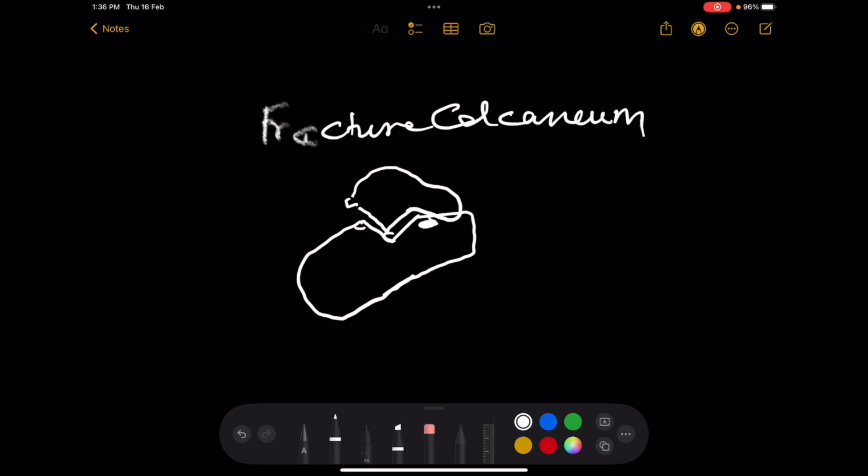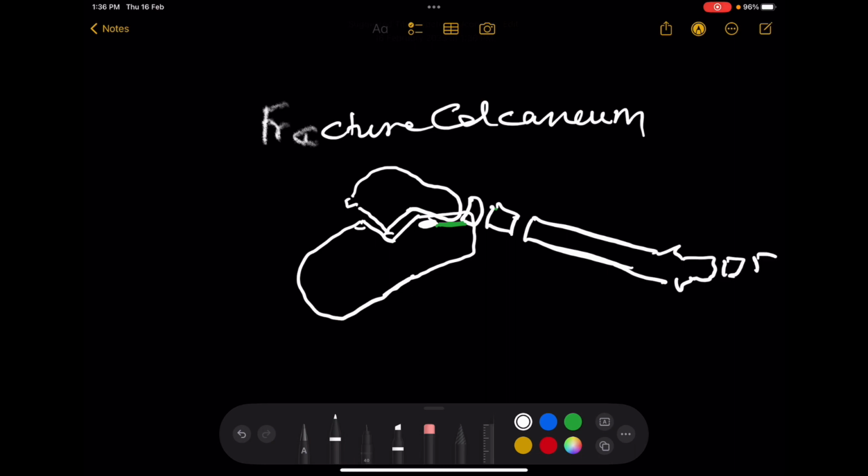Here is the sustentaculum tali and here is the navicular. This ligament here is the spring ligament, and here is the cuneiform and the metatarsal. The phalanx.